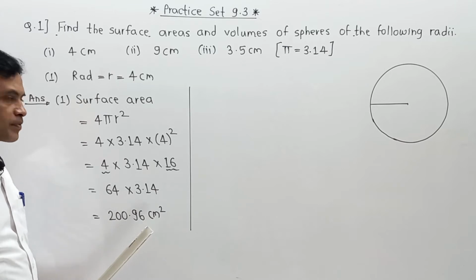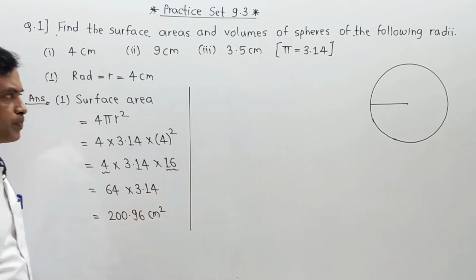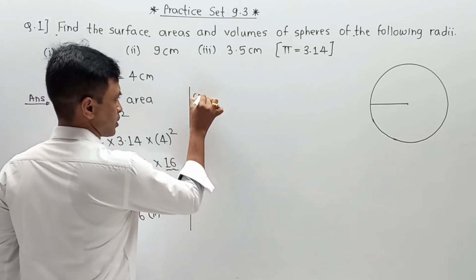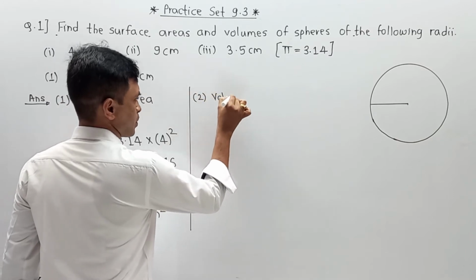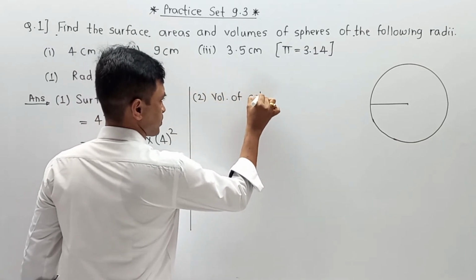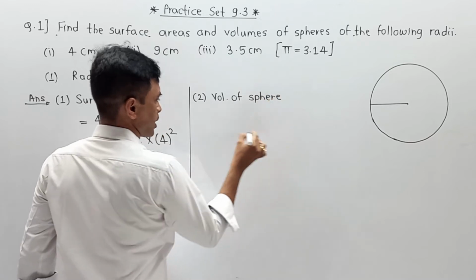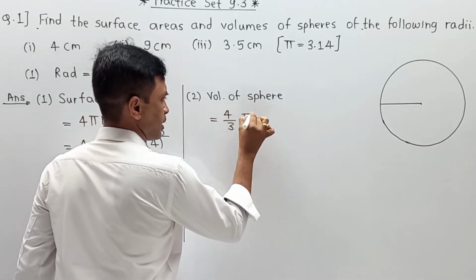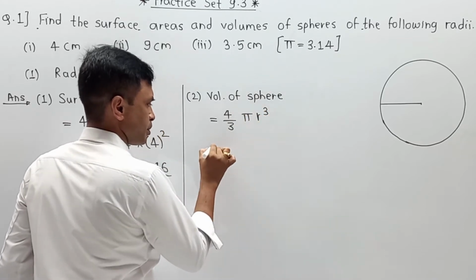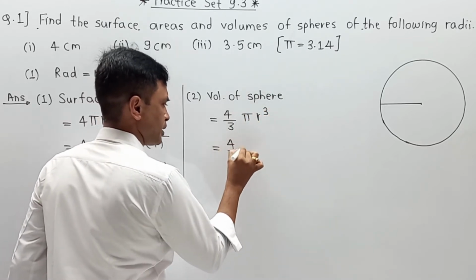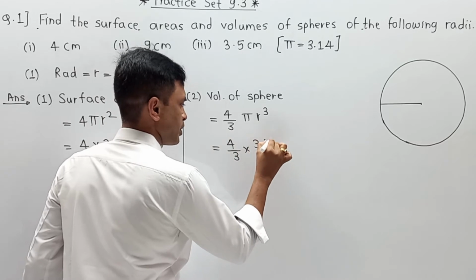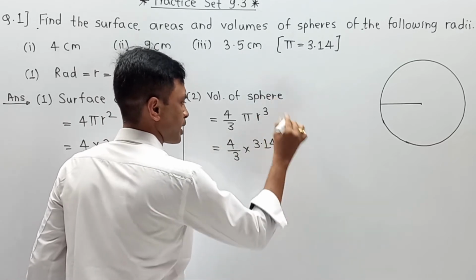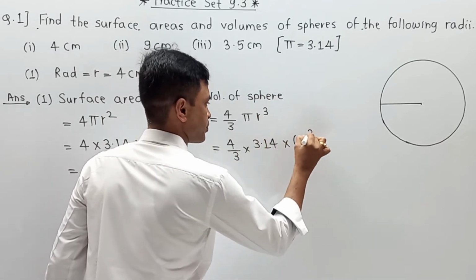Now after completing surface area we are moving to volume. Second, volume of sphere. According to that, the formula is 4 upon 3 pi r cube. Putting the value over here, 4 upon 3, the value of pi is compulsorily 3.14 as given by them, and r cube means 4 cube.